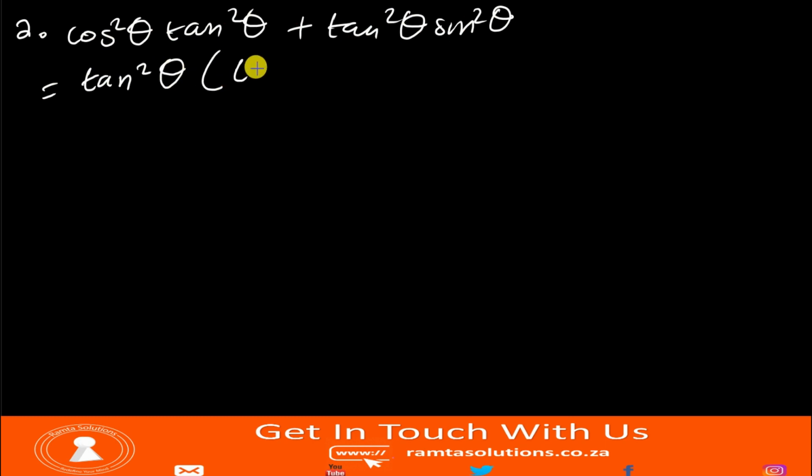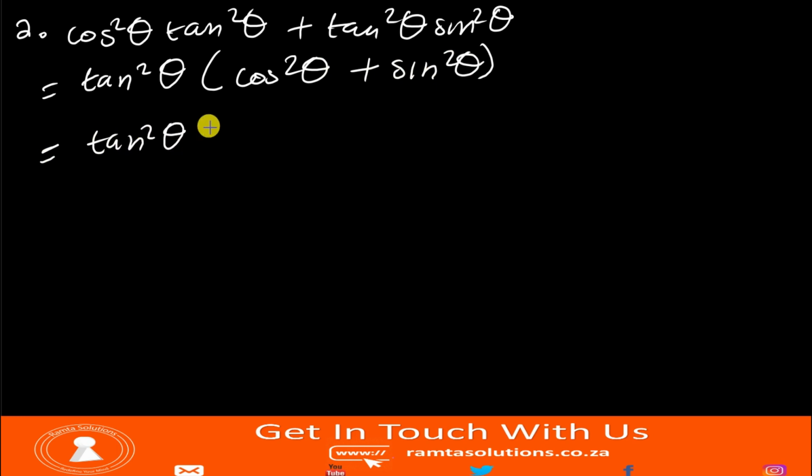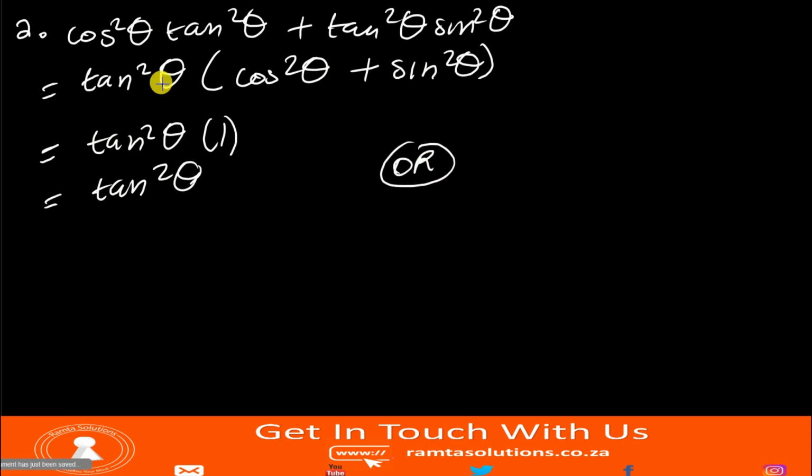You are left with cos squared theta plus sine squared theta. What did we say cos squared theta plus sine squared theta is equal to? We said it is equal to 1. Therefore, our answer is simply tan squared theta. Okay? Or you can do this, which I don't think is important.